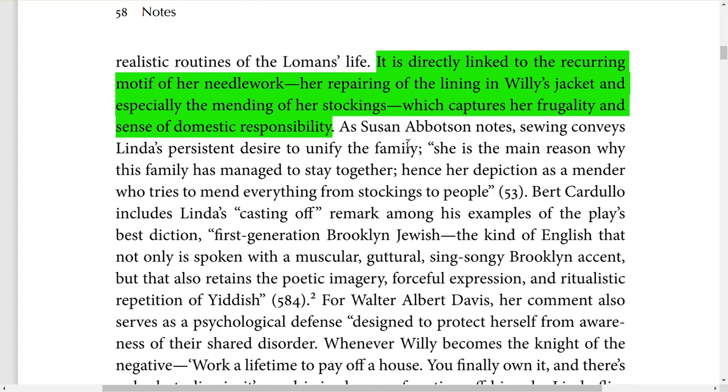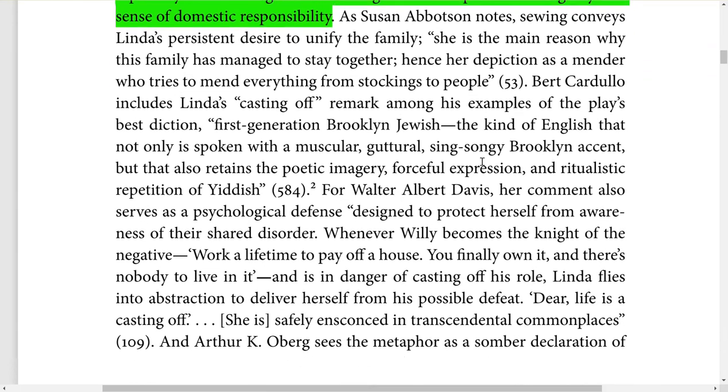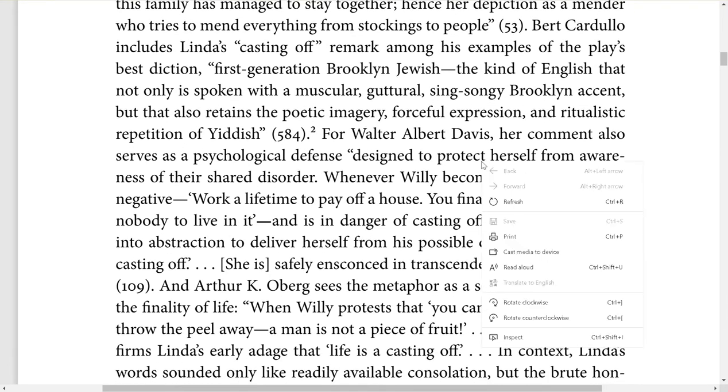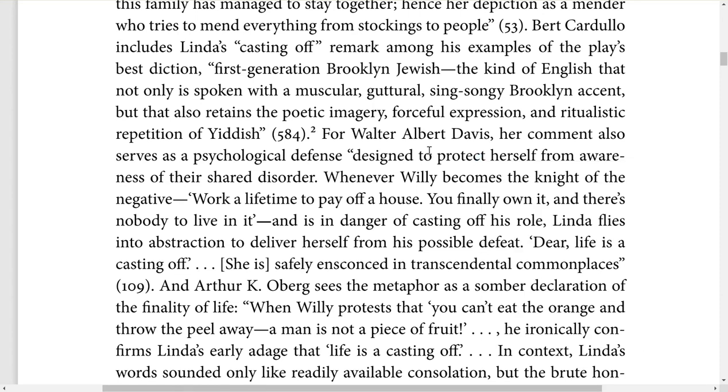Another scholar comes into play to support our writer's claim about casting off. That's Bert Cardillo, and then other scholars come in. So here our writer shows precisely how thorough he is in his research in the field.